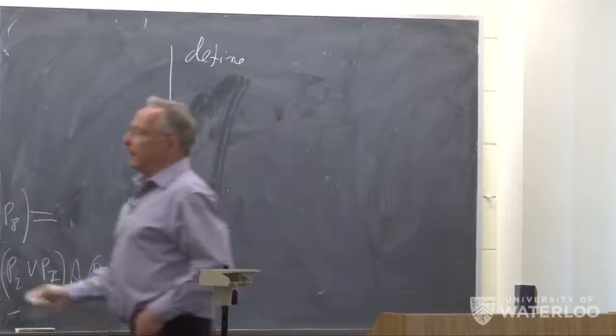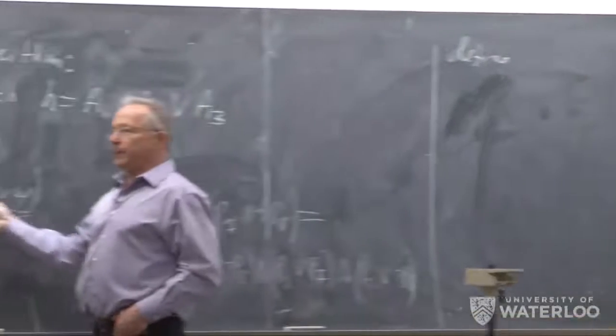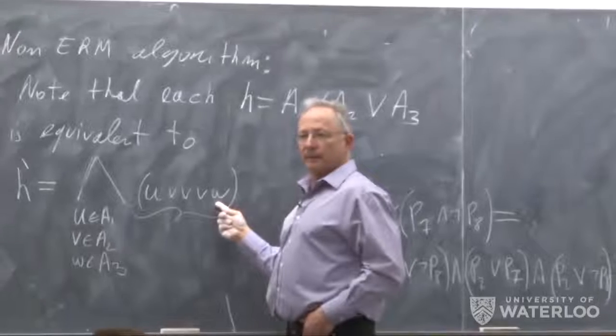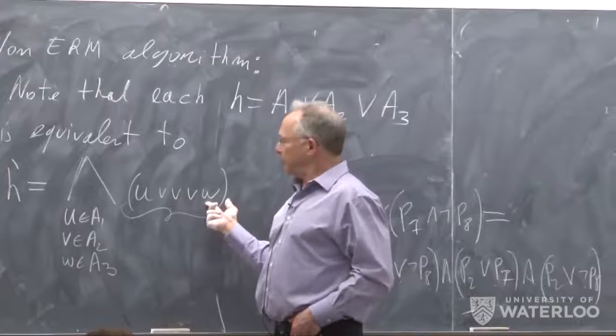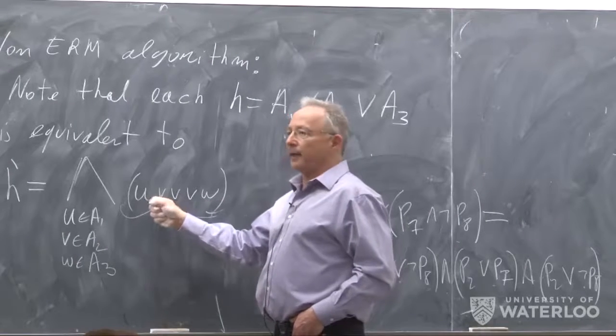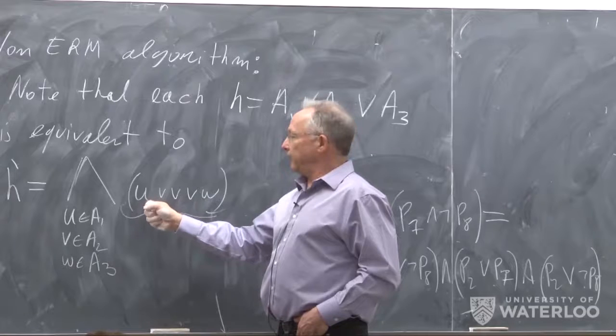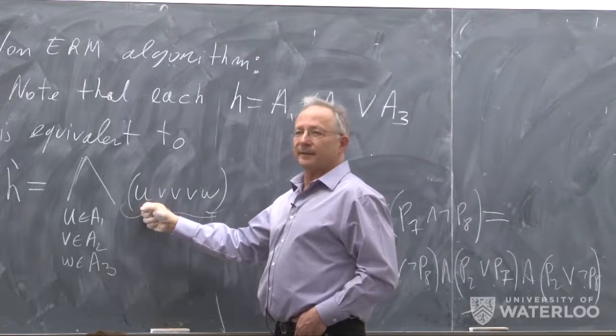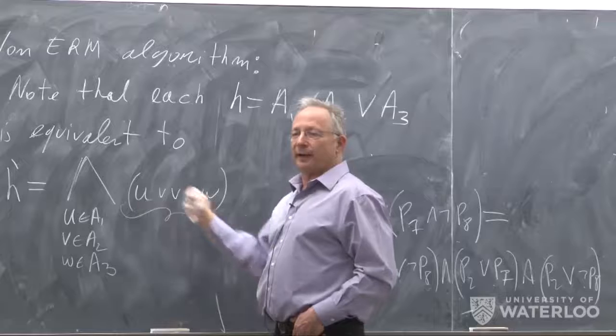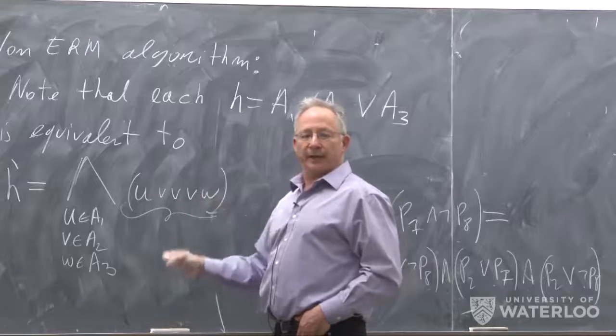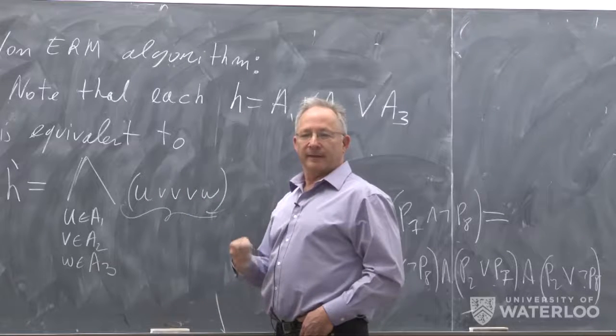I want that every guy like this will become a variable. How many such triples do I have over d literals?